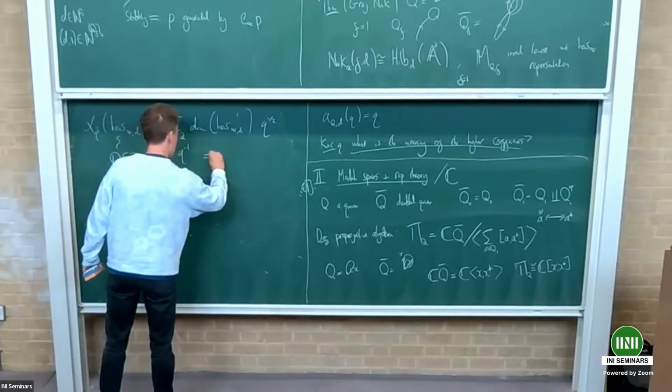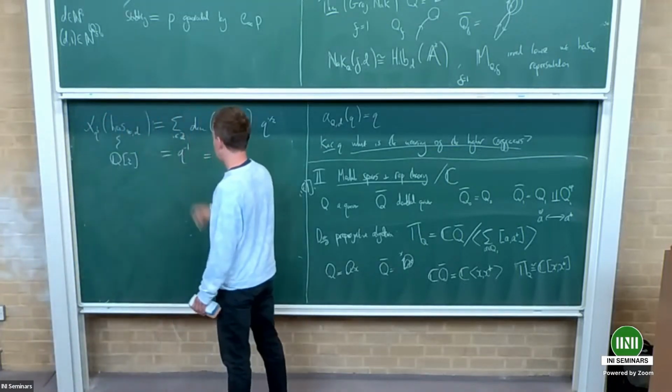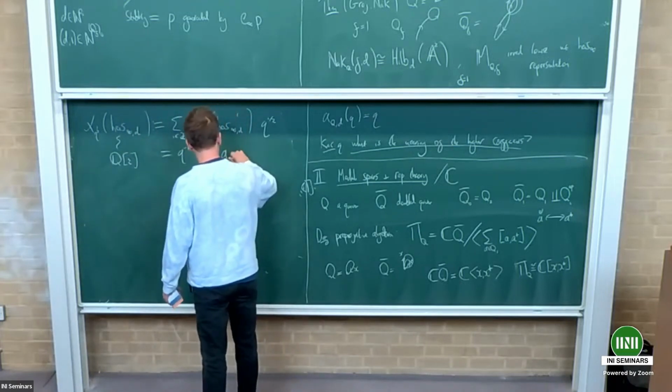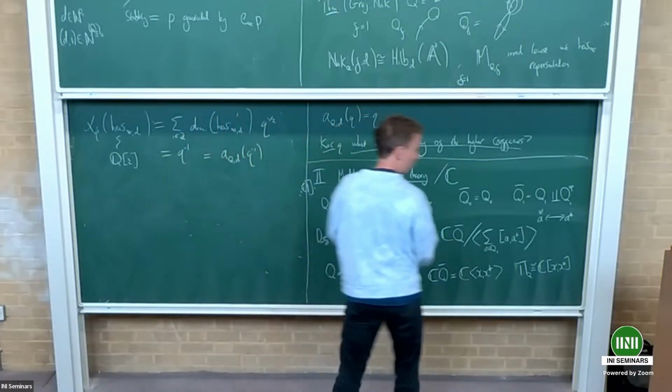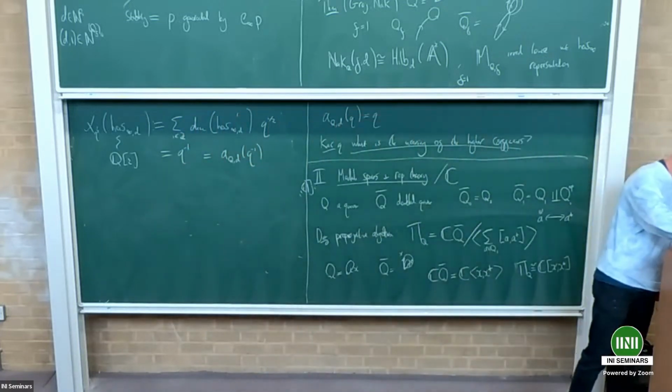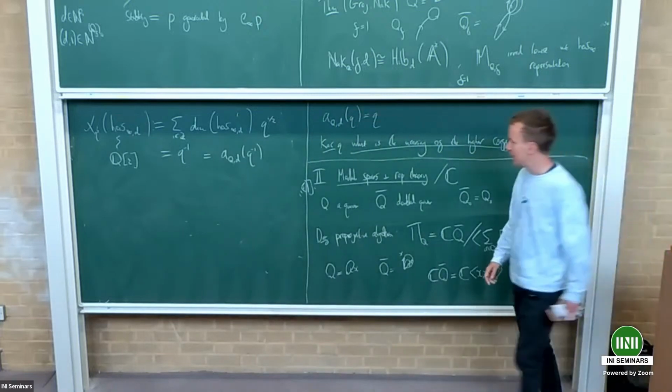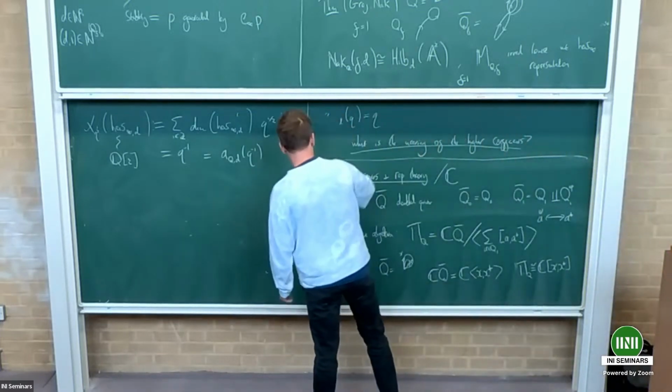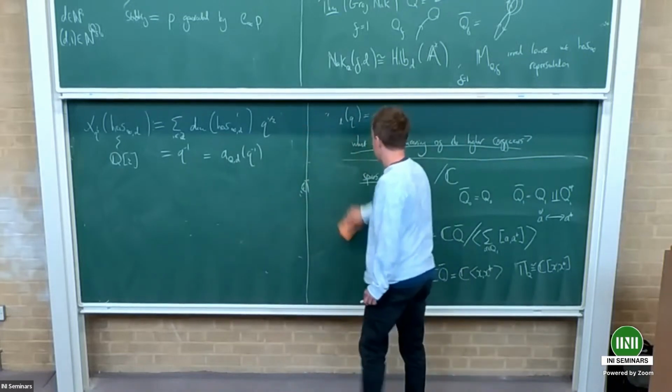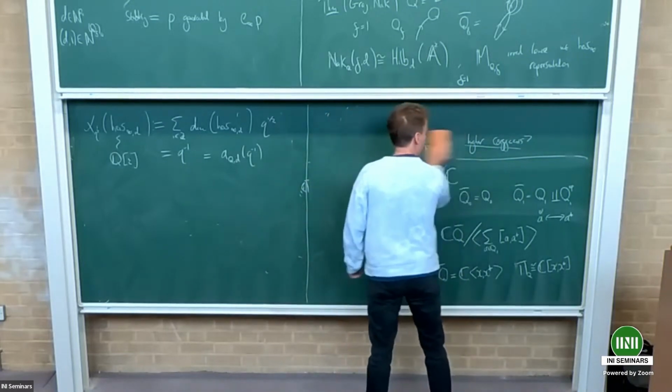Up to the change of variables, Q goes to Q inverse, this is A, Q, B, Q. This is the Katz polynomial for the same quiver, for the same dimension vector. So that's a fairly strong hint that there's a Lie theoretic answer to Katz's original question.